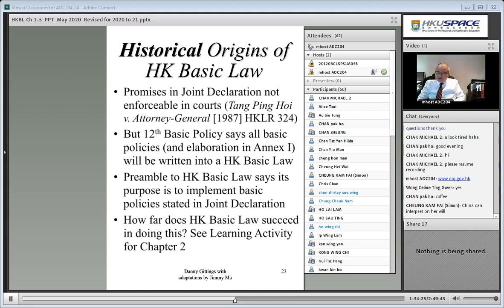However, the 12th basic policy says that all basic policies will be written into a Hong Kong Basic Law. That is, the number 12 basic policy in the Joint Declaration is about the enactment of a Basic Law.